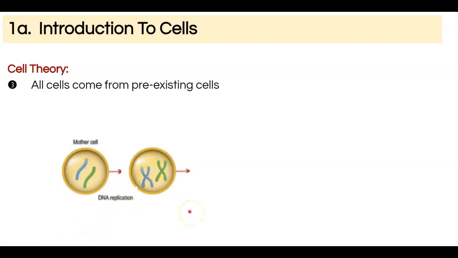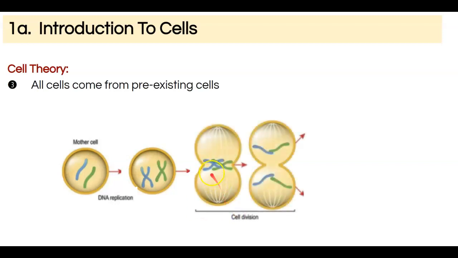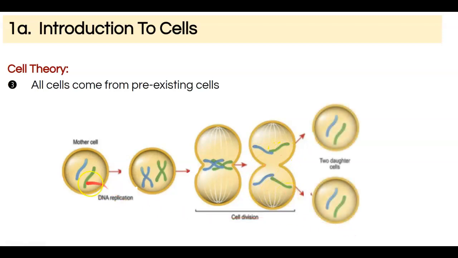Again, these are details we're going to go into in another lesson, but just to give you a sneak peek, that cell is going to eventually become 2 cells, each with its own set of DNA. So the mother cell becomes 2 daughter cells, and every daughter cell that results was once a mother cell. So all cells come from pre-existing cells.